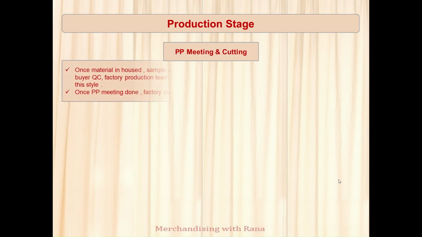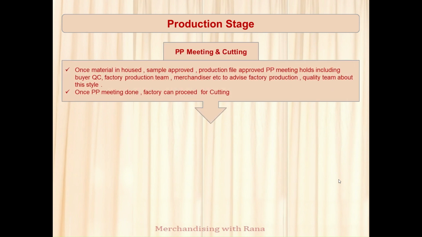PP meeting and cutting. Once my material is in-house, sample approved, and production file approved, as a merchandiser, I will coordinate with the buyer QC and my production team to arrange the PP meeting. In the PP meeting, there will be the cutting team, sewing team, quality team, and our QA or merchandiser will brief about this style and the risk factors, or it is called risk analysis.